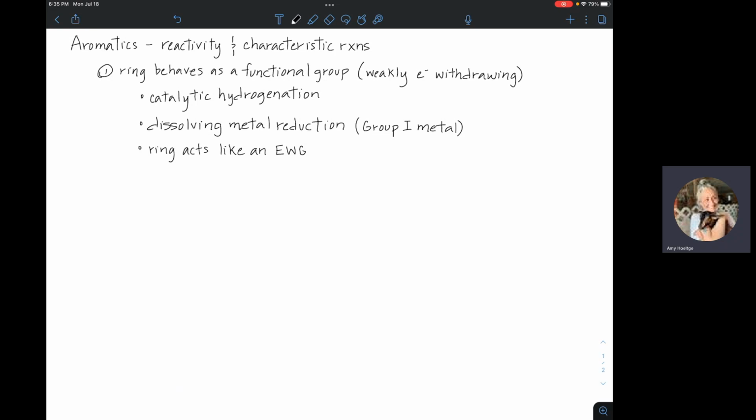And then the characteristic sort of celebrity reaction, I'll put a little star next to this because this is where we're basically going to just die on this hill, is an electrophilic aromatic substitution.